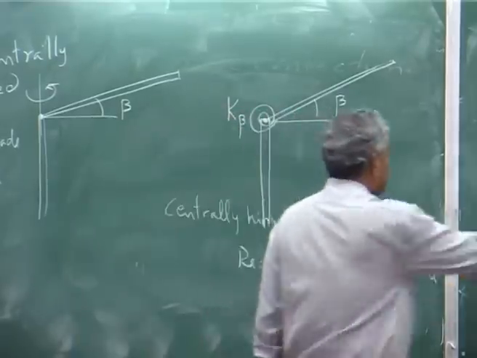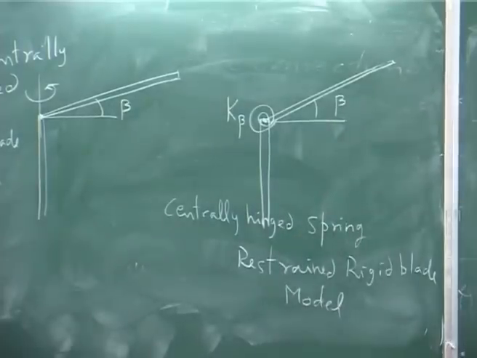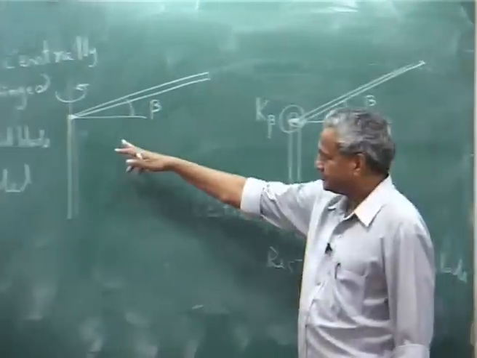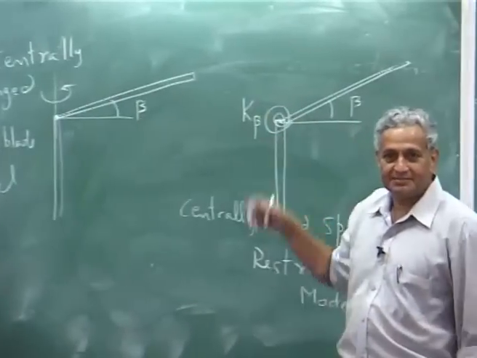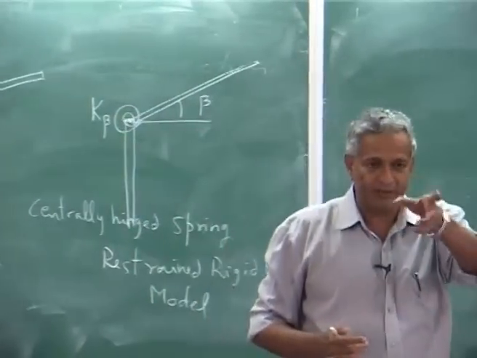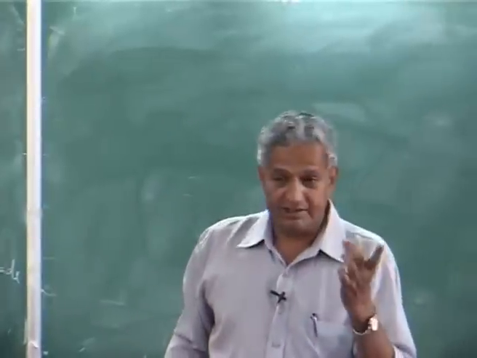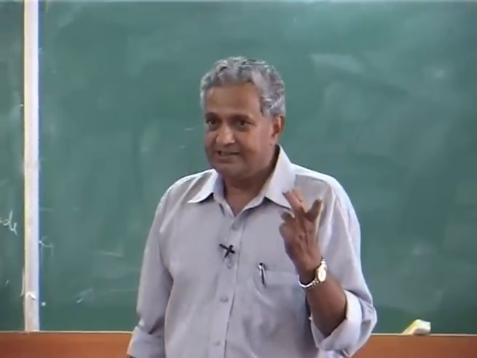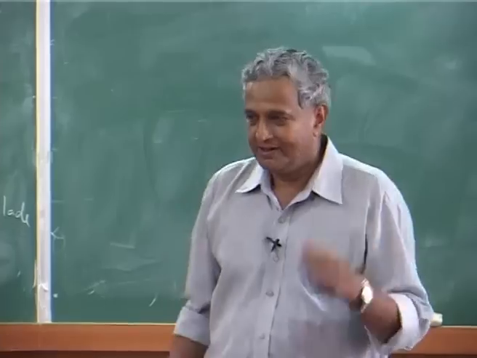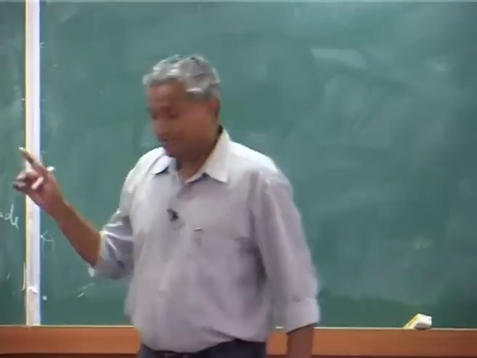And here, see, this is a hinge but I have replaced the hinge. Hinge is still there, but I put a spring. It is possible they put some elastomers in certain blades. And what is the effect of that, you will see later.